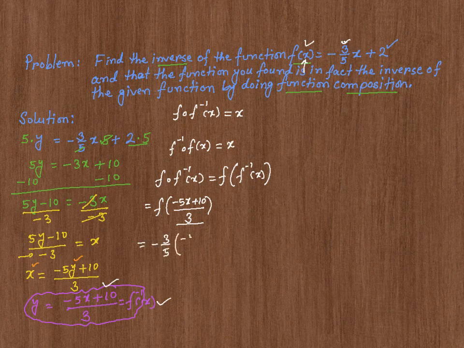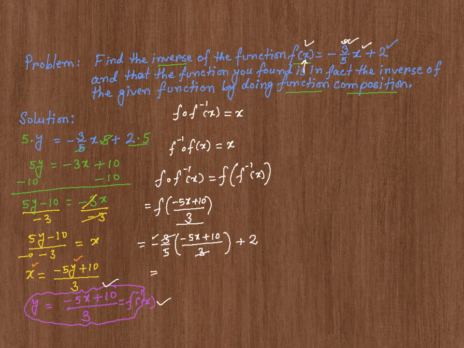Input is negative 5x plus 10 divided by 3. Then I need to add 2 to it. Now note that there will be some cancellations taking place here. This 3 and this 3 are going to cancel out.